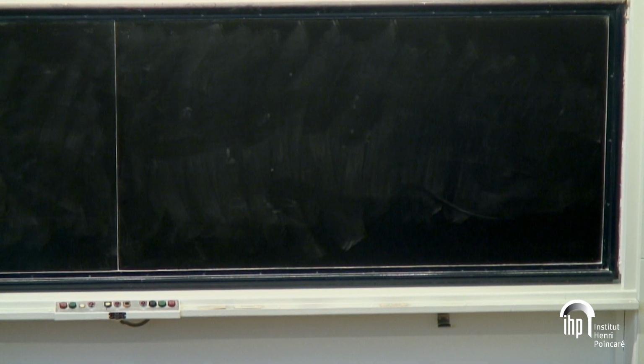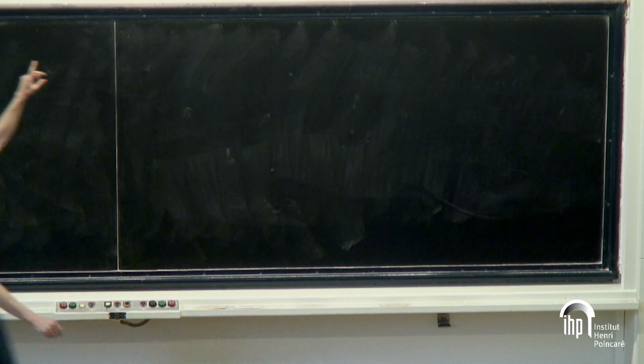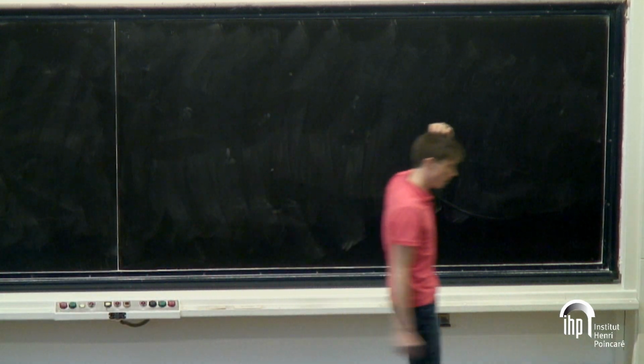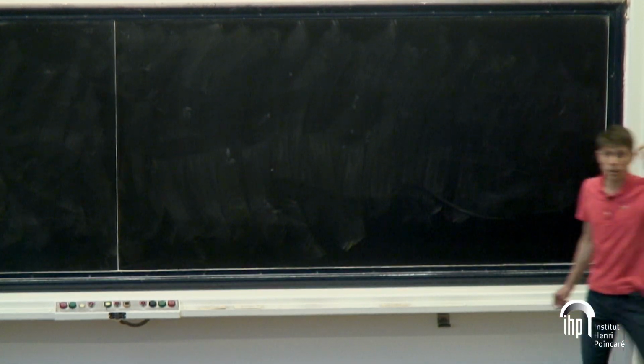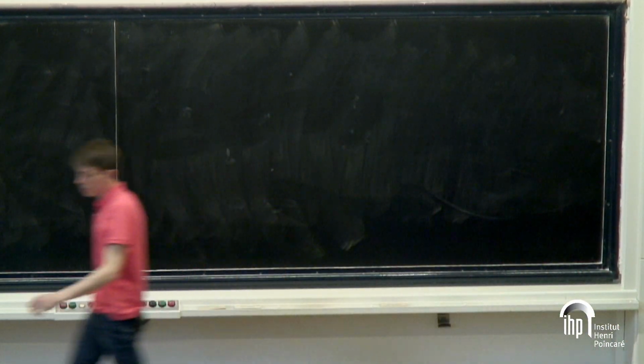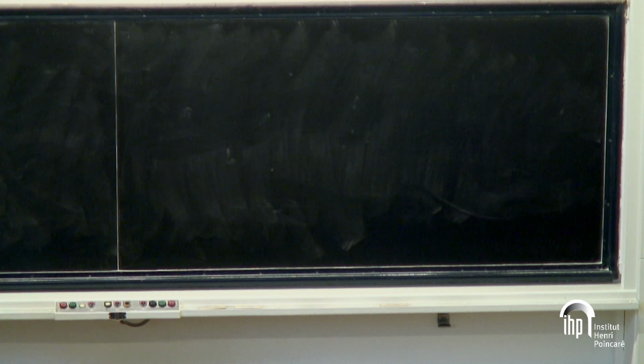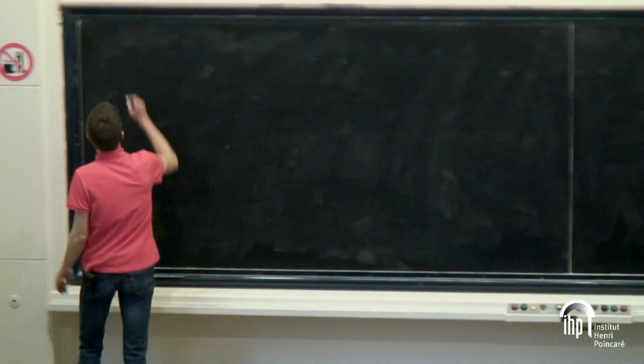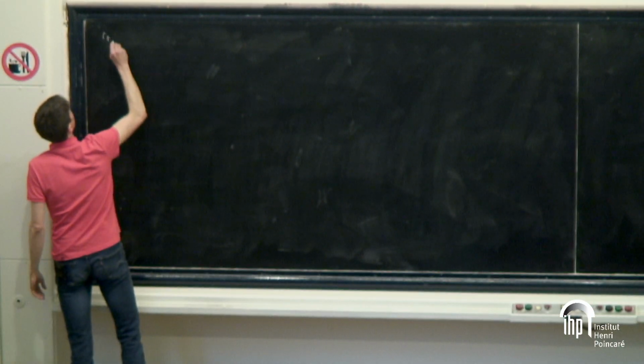Okay, so now we have reduced everything to an estimate about the variance of the global counting function. Okay, so the next step is to attack that thing. So let's see.